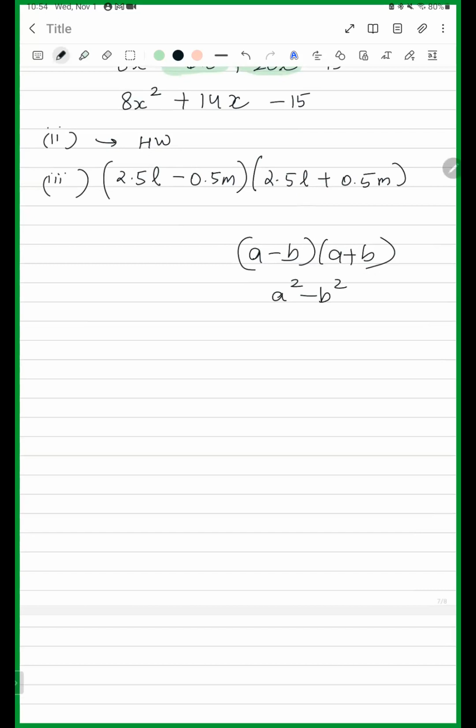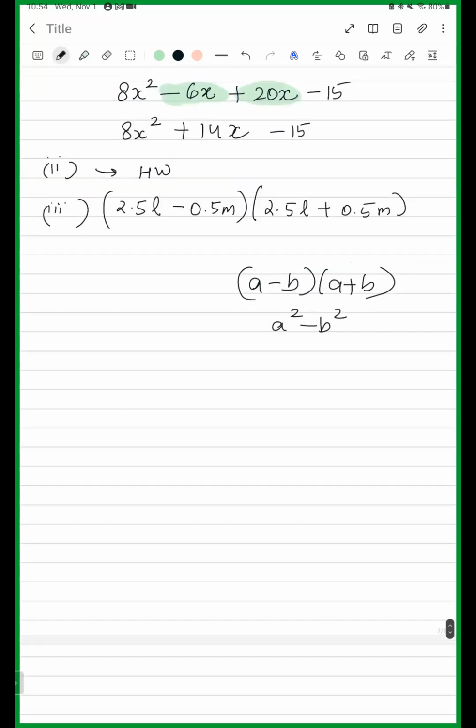Yeah. So can you see, what we have here is A minus B into the same A plus B. Can you see here?